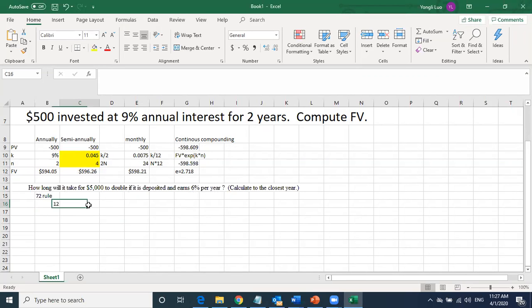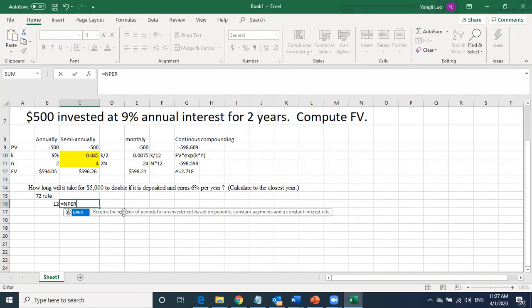And in Excel, we have another function called NPER. NPER calculates how many years. The rate, let's say 6%. Payment, 0. Your present value, negative $5,000.